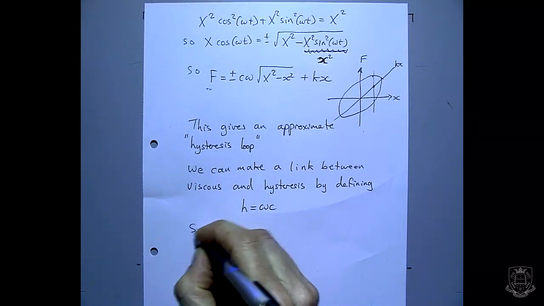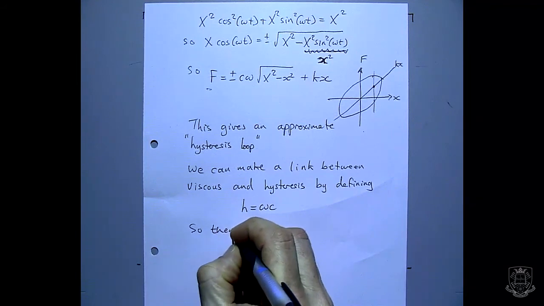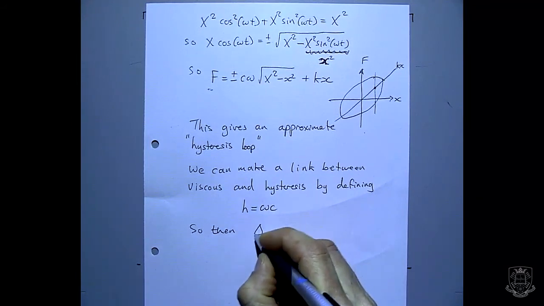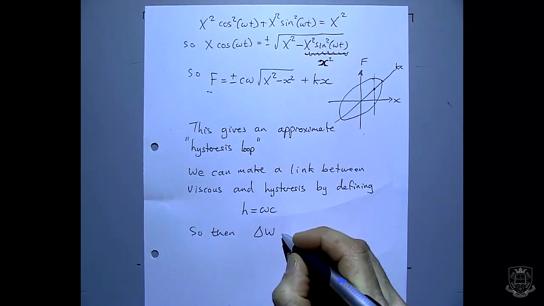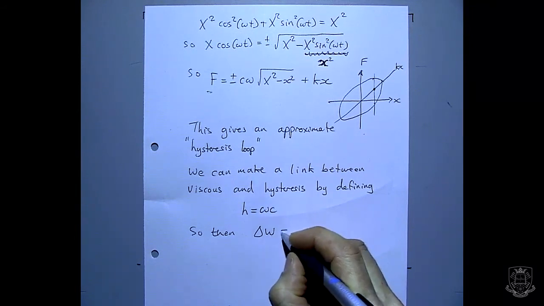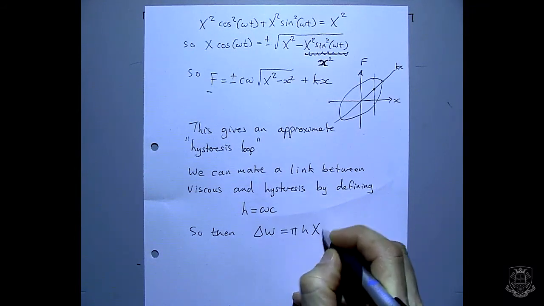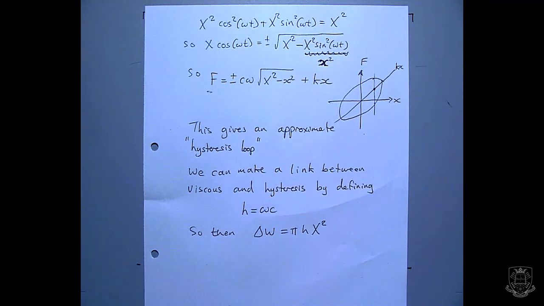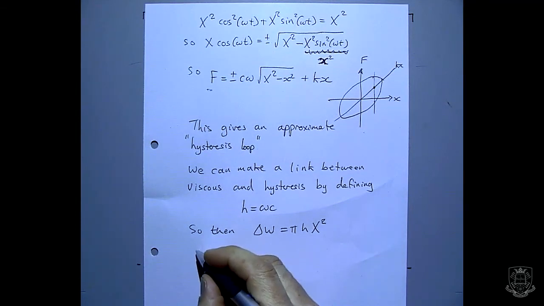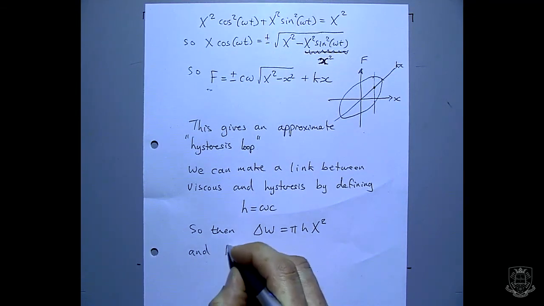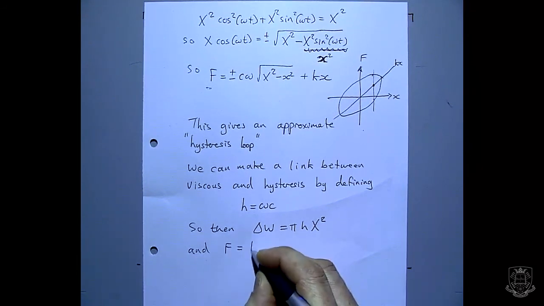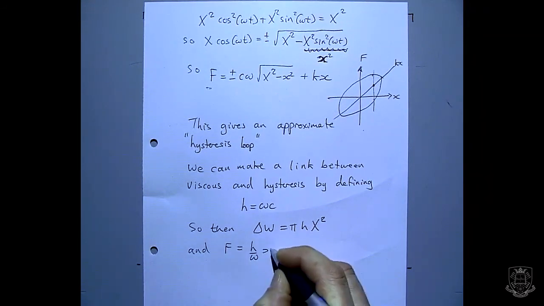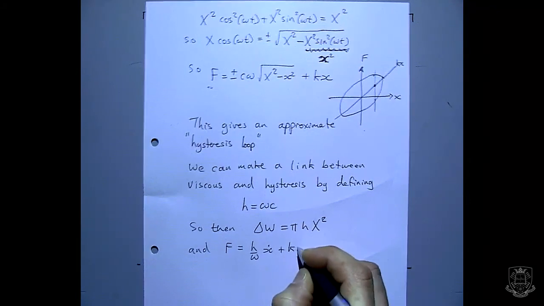So then the energy dissipated delta W would be equal to pi h big X squared, and the force would be equal to h over omega x dot plus kx.